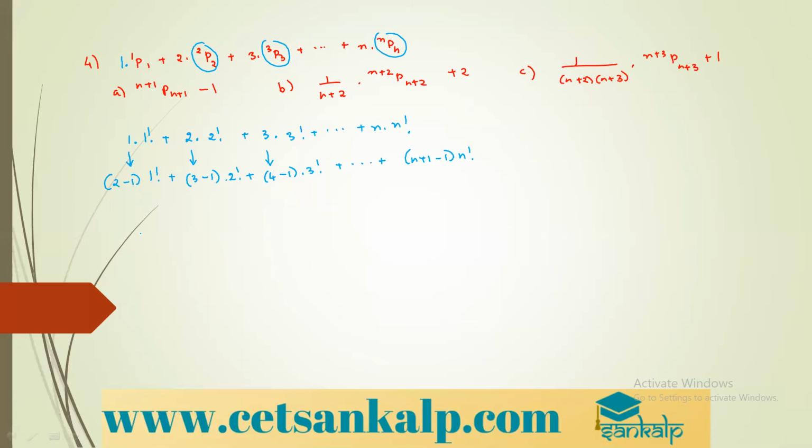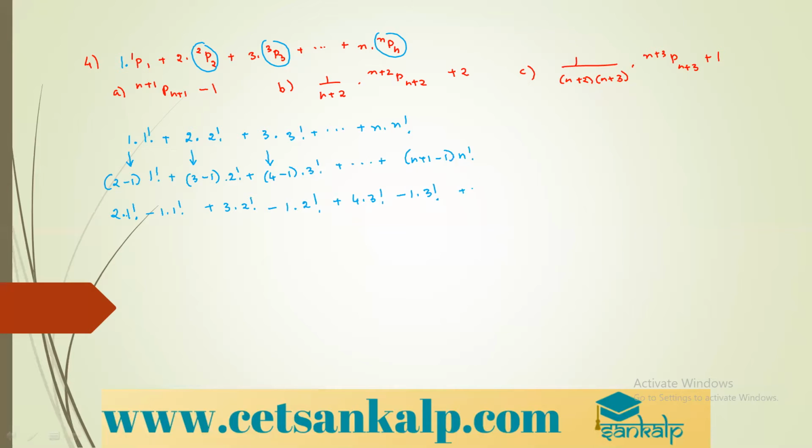Now I will multiply. 2 into 1 factorial minus 1 into 1 factorial. 3 into 2 factorial minus 1 into 2 factorial. Plus 4 into 3 factorial minus 1 into 3 factorial.